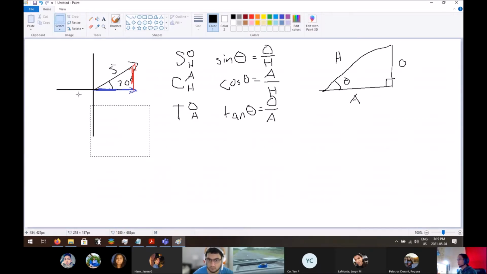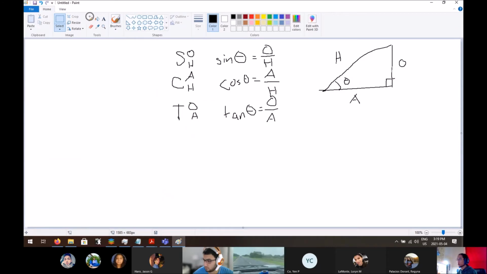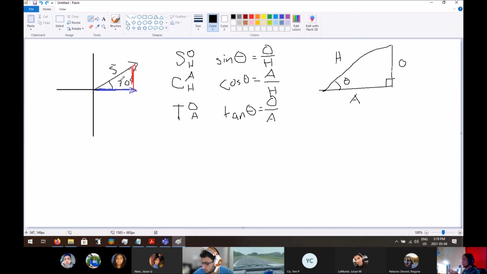All right, so let's just use that. How do we go about doing this? We're trying to take this vector and break it into its component parts, right? So you need the x and the y.